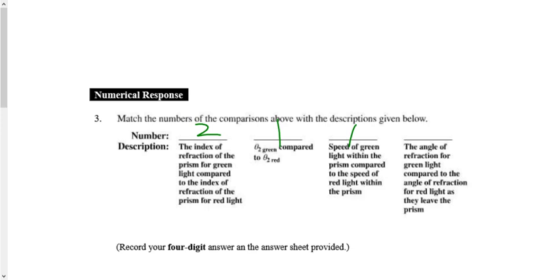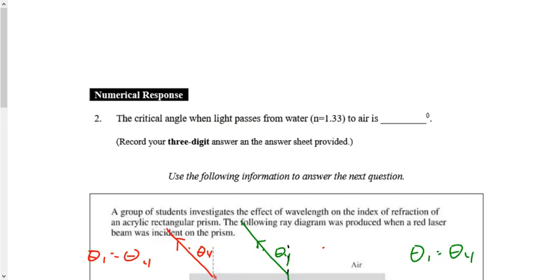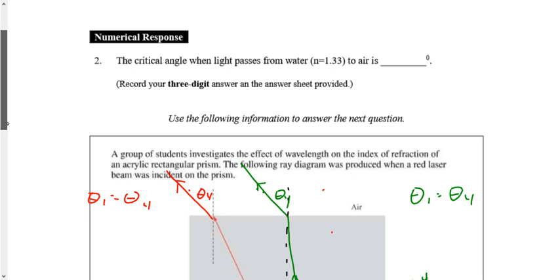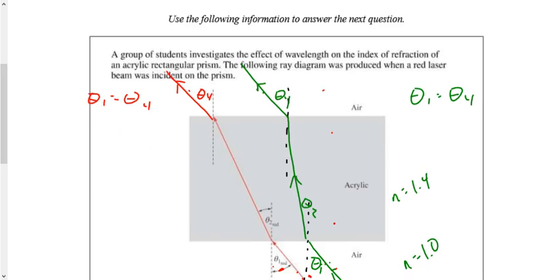And the angle of refraction for green light compared to the angle of refraction for red light as they leave the prism. This was what I thought was the really tricky one, and that's why I led you through what I did before we even really looked at the question here. How does the angle of refraction going into the air for green compare to the angle of refraction going into the air for red? It's the same.